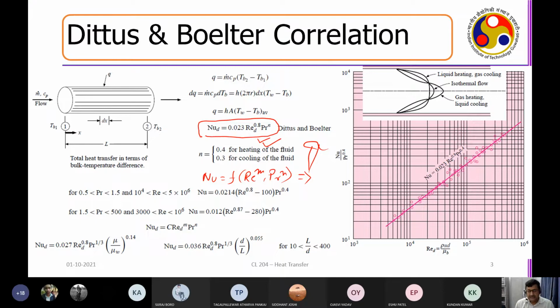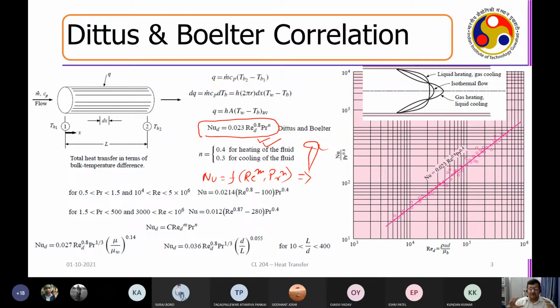Okay, so to cut the long story short, that we were discussing for the last 4 or 5 lectures: this is the heat transfer coefficient, this is the thermal boundary layer, this is the hydrodynamic boundary layer. This is the way you define heat transfer coefficient, as the thermal conductivity divided by the thermal boundary layer. You first determine the hydrodynamic boundary layer, then the thermal boundary layer, and then from there you determine the heat transfer coefficient.